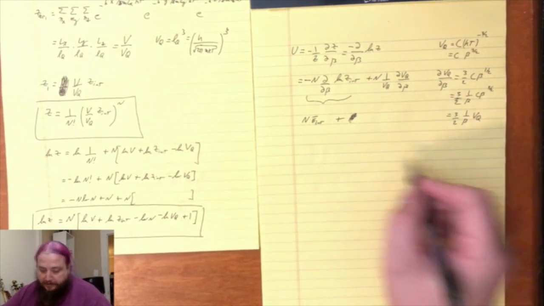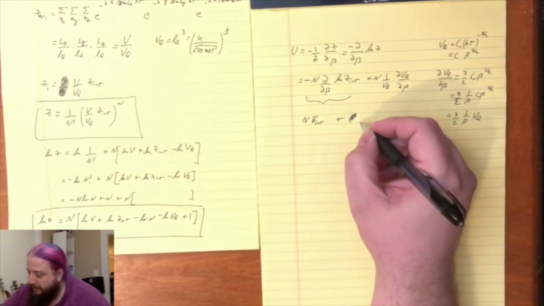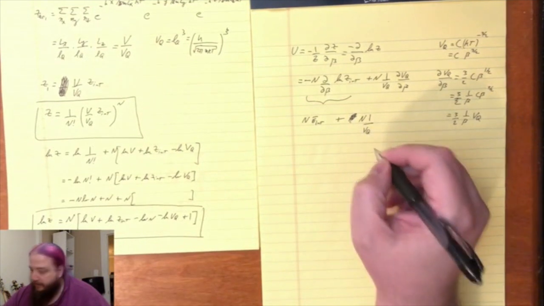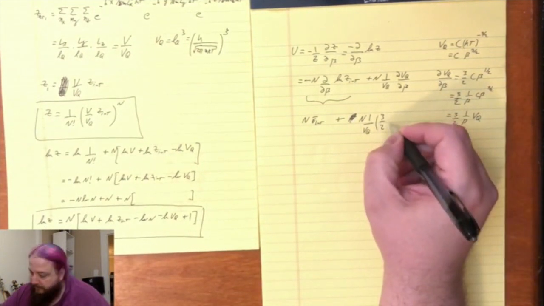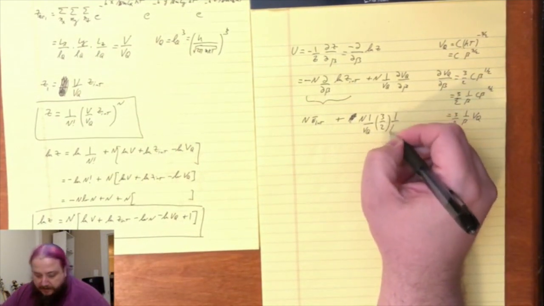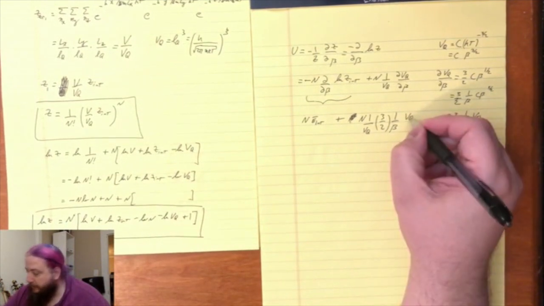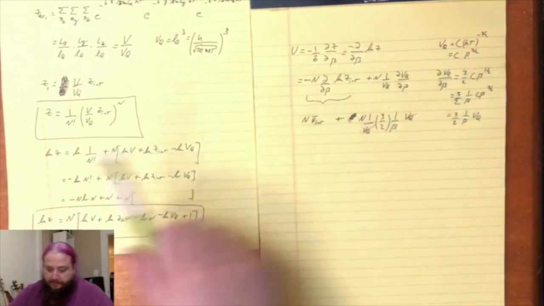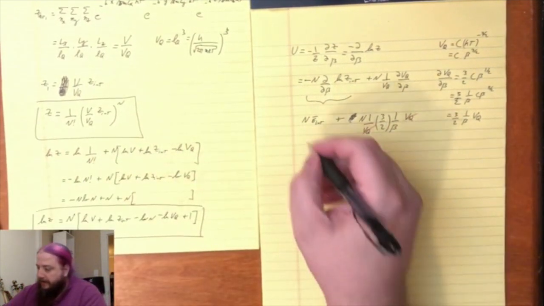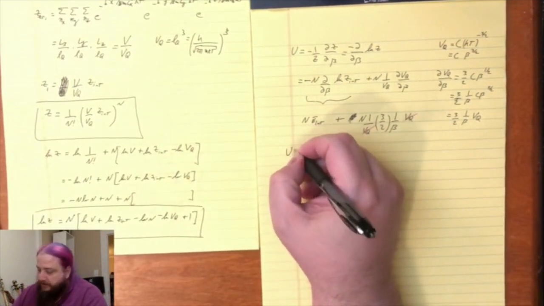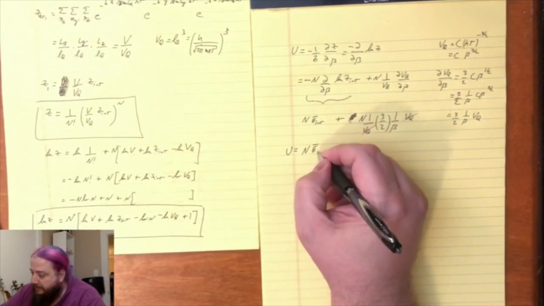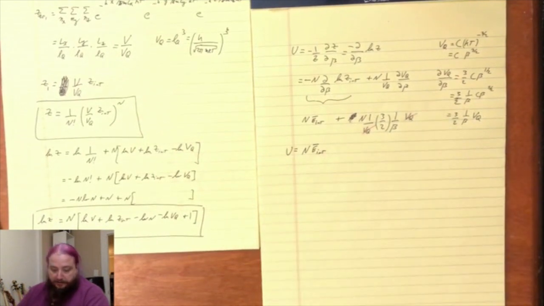So we can plug that in over here. So this is N times 1 over our quantum volume times 3/2 1 over beta times our quantum volume. Those VQs cancel. And our energy then is N times the average interior energy of our molecules.